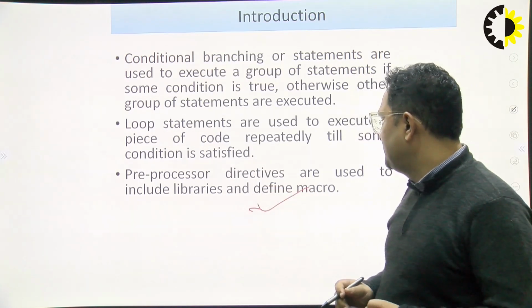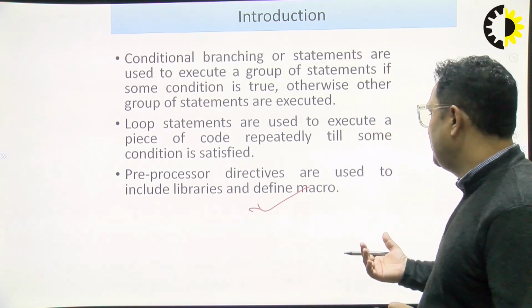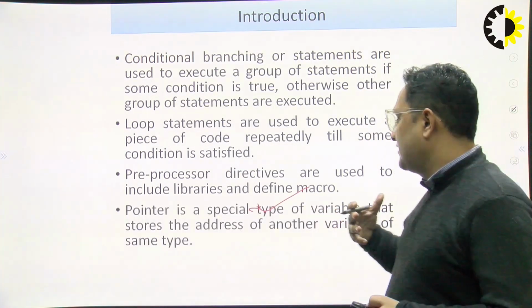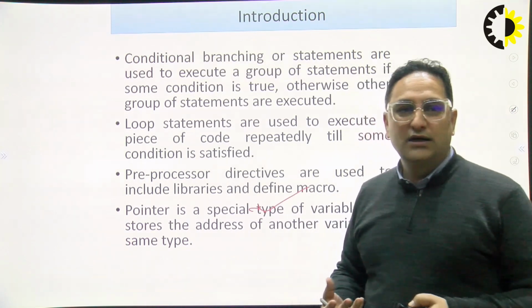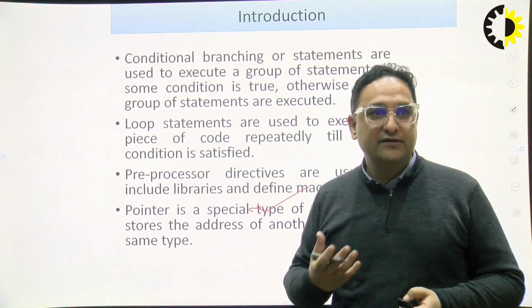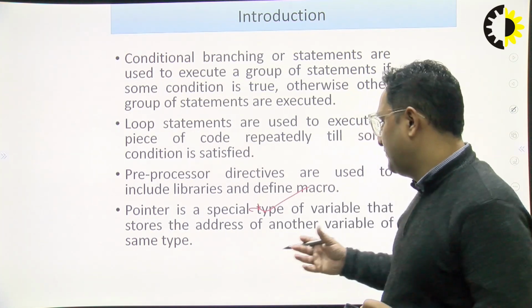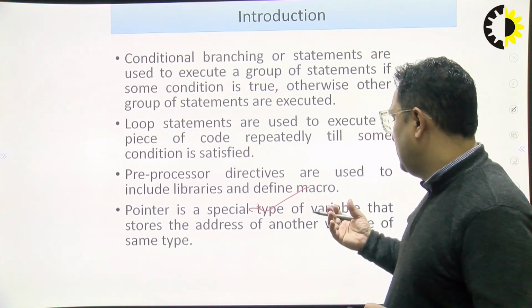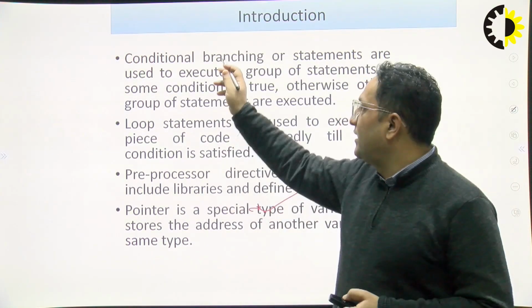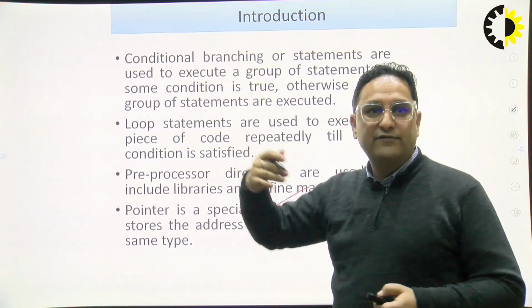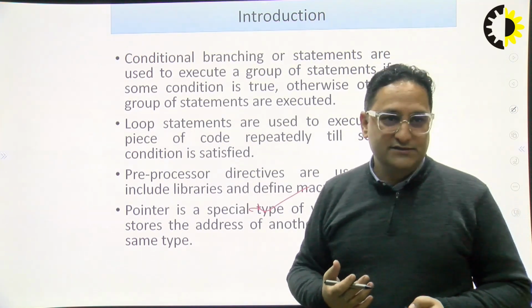The libraries which we are including can also be included based on the conditions we apply on the program. That is required to understand when we are learning conditional branching.